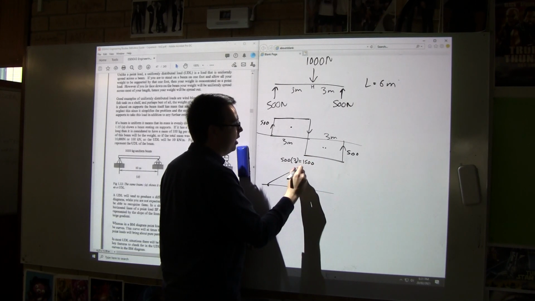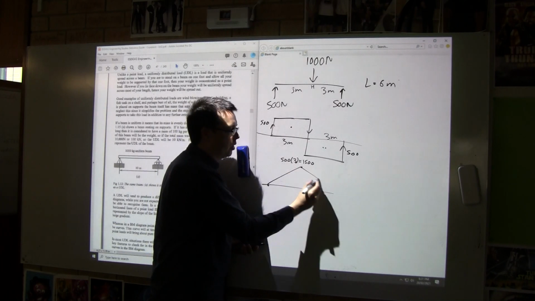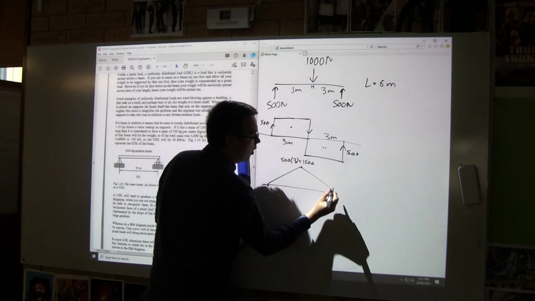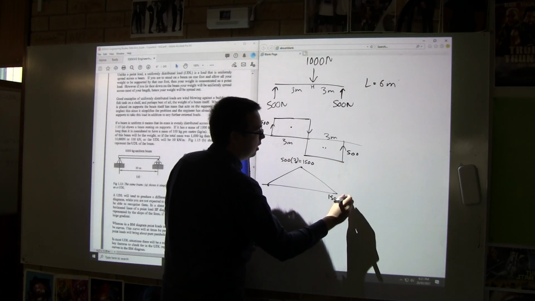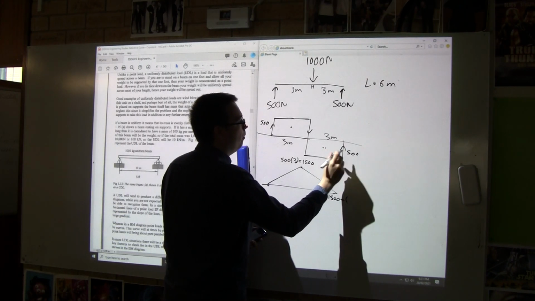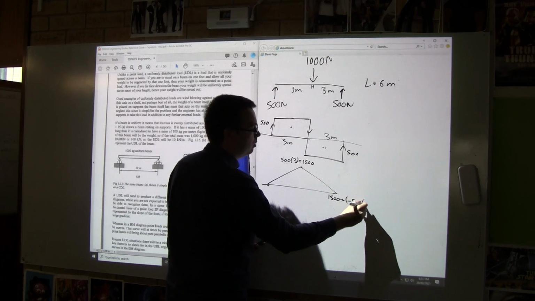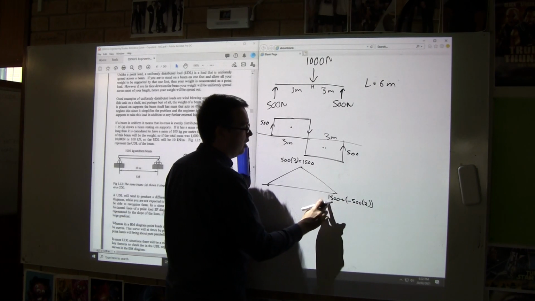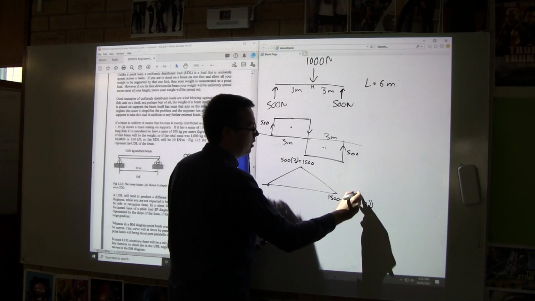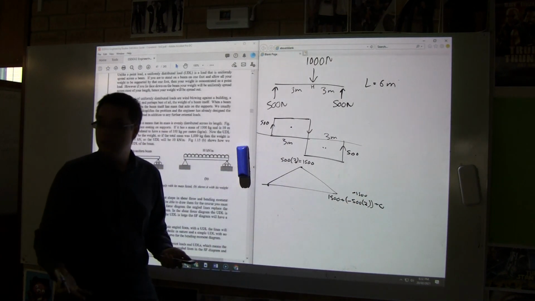Then we add this block, 1,500 plus, now what are we adding? We're adding minus 500, below the line, negative 500 times 3. So we get 1,500 minus 1,500 equals 0, and we're back to 0. That makes sense, yeah?